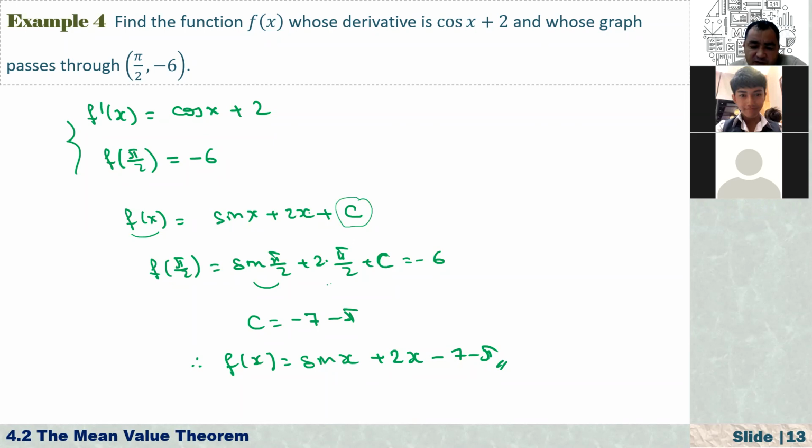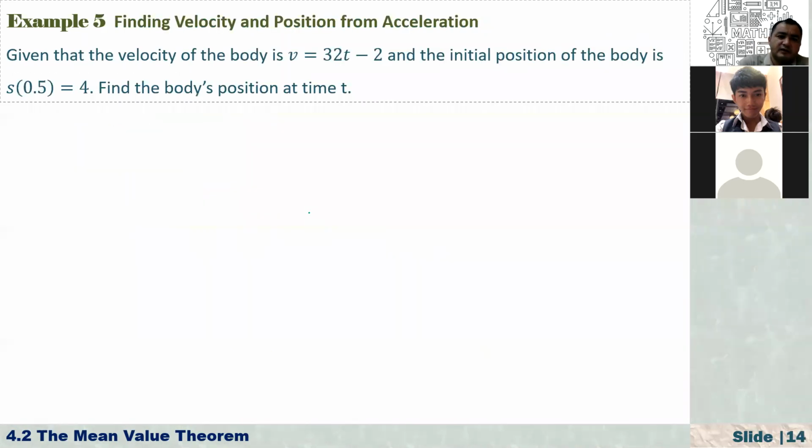At the end of this chapter, we will give it a special name. We call this indefinite integral. But now I'm not going to use this, because at the end of this chapter we start using that notation. Right now we have no idea about integral, that's why we should not use integral here.